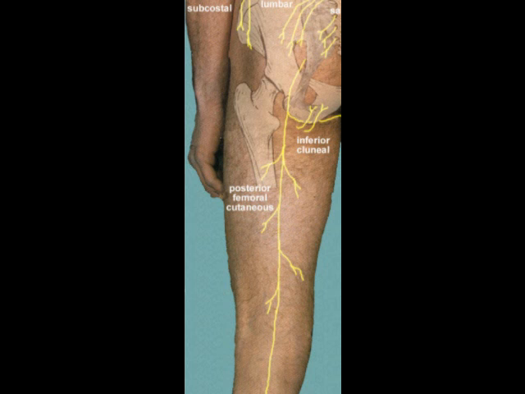The two I want to talk about are the posterior femoral cutaneous nerve and the inferior cluneal nerve. Basically, the posterior femoral cutaneous nerve comes all the way from your lumbar lower back spinal area and goes all the way down through your pelvis to your legs.